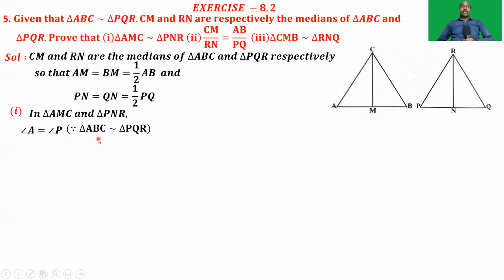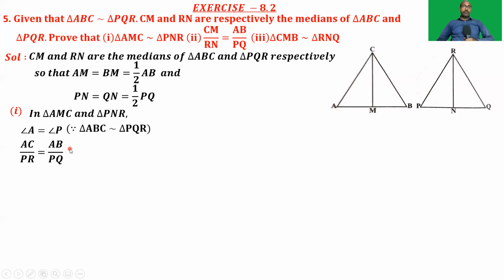Here the reason is that triangle ABC is similar to triangle PQR. Also, AC by PR is equal to AB by PQ, because in triangles ABC and PQR, which are similar, the ratio of corresponding sides are equal. That is, AC by PR is equal to AB by PQ.